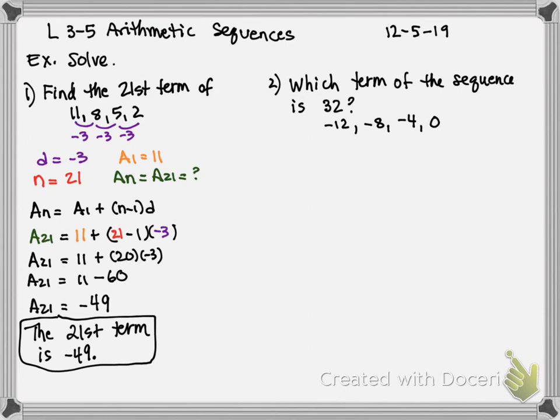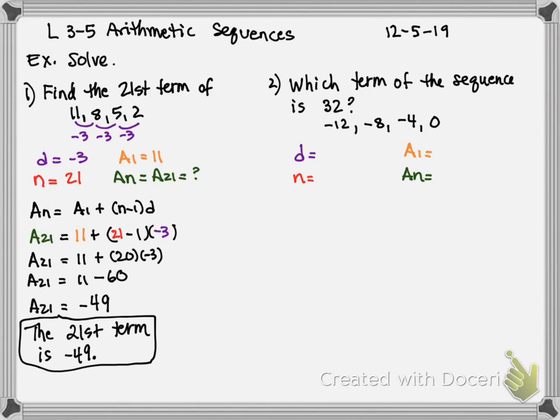So there's 4 things we need. I'm going to just write them out real quickly. We need a D. We need an N. We need an A sub 1. And we need an A sub N. Okay, what do we know?